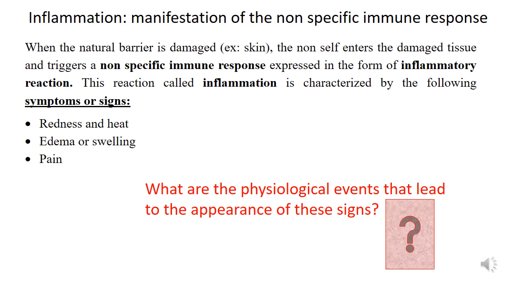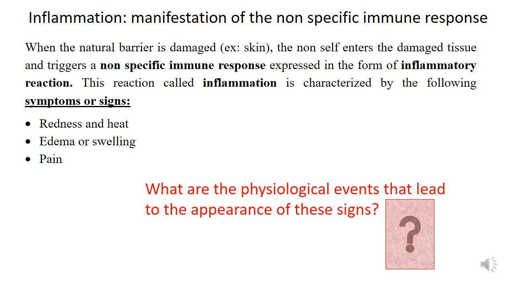This reaction, called inflammation, is characterized by the following symptoms or signs: redness and heat, edema or swelling, pain. These same signs appear in the case of many infections, such as dental abscess, pharyngitis, which is the throat infection, etc. The physiological events leading to these signs are broadly referred to as inflammation.